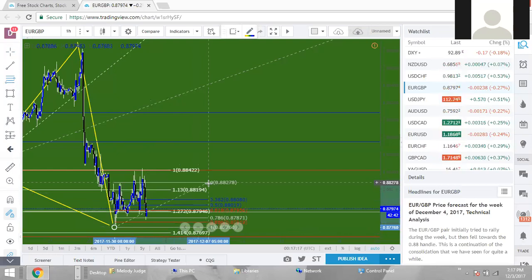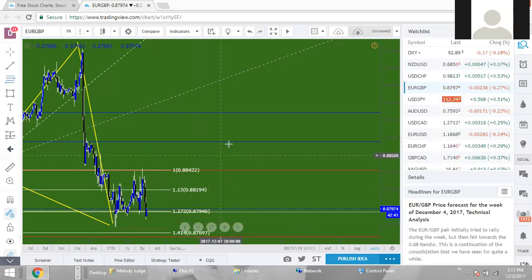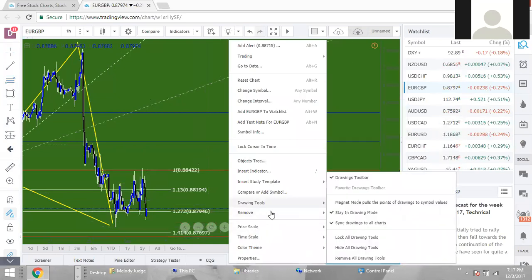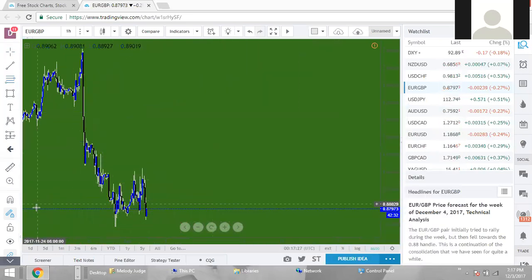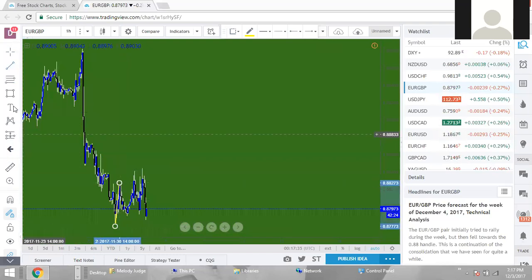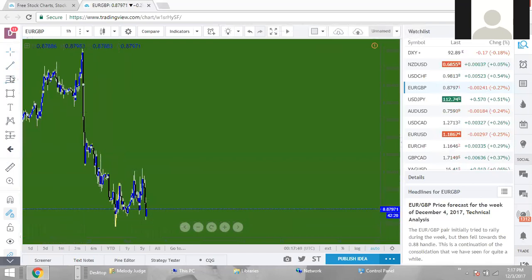Let's get rid of these drawing tools. All right, impulse leg. I got a little impulse here. We'll call it our little X to A move. We break out the Fibonacci retracement.